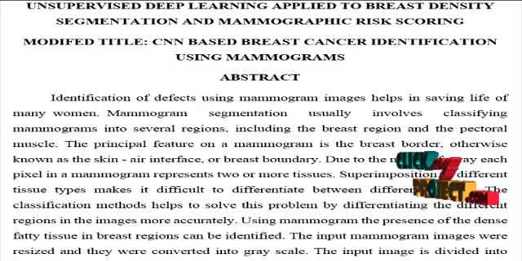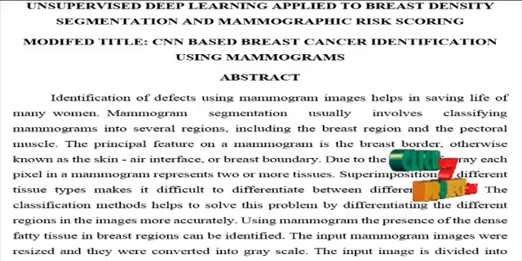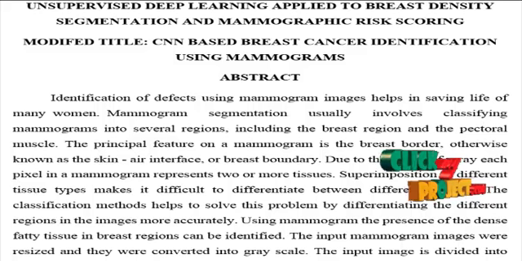sparse autoencoder. The extracted features were classified using a convolutional neural network in order to identify the different regions in the mammogram images. The convolutional neural network consists of a two-layer neural network, the convolutional layer and the multinomial logistic regression layer.